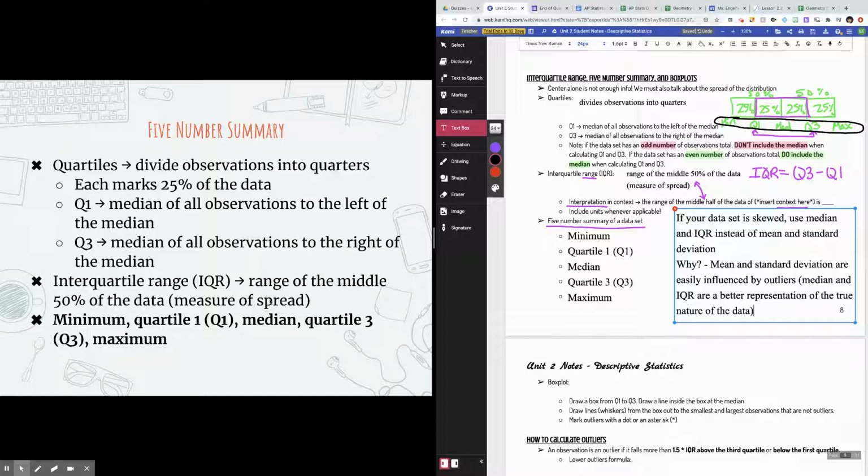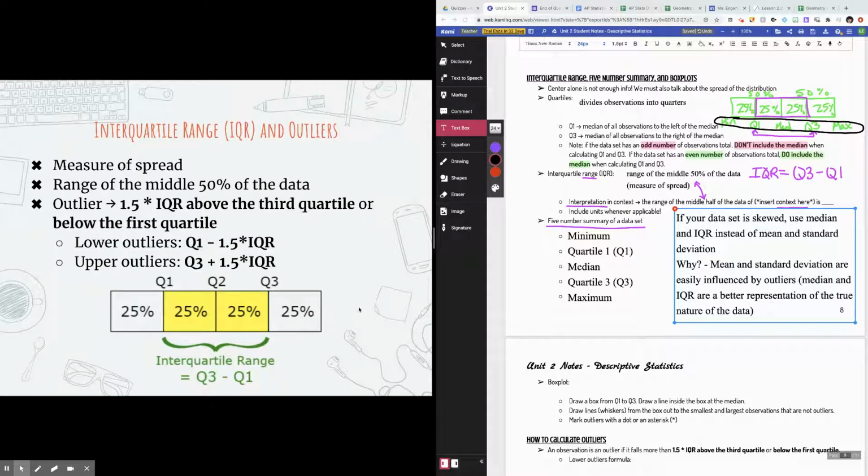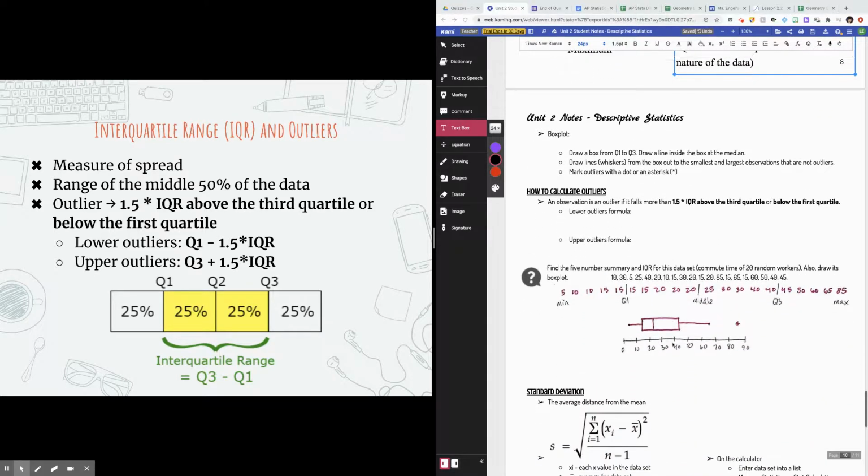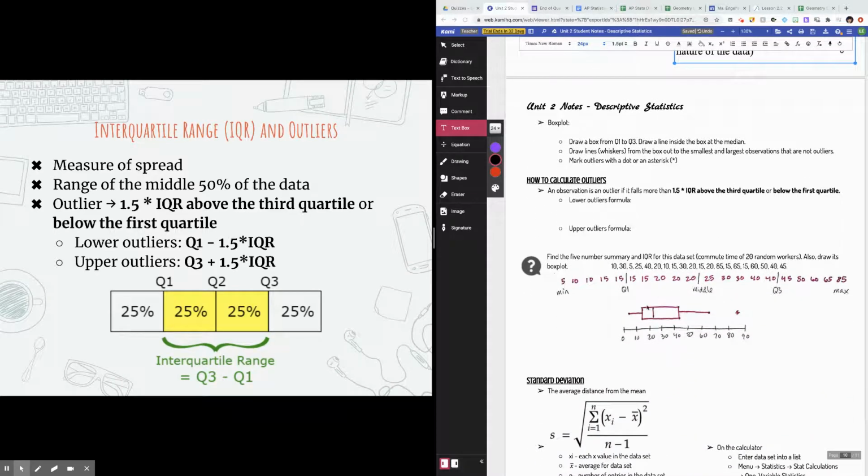All right, so with that, let's talk about box plots a little bit, and we're also going to talk about outliers. A box plot is sometimes called a box and whisker plot, that's probably what you've heard it called up to this point. But a box plot is a visual representation of the 5-number summary.